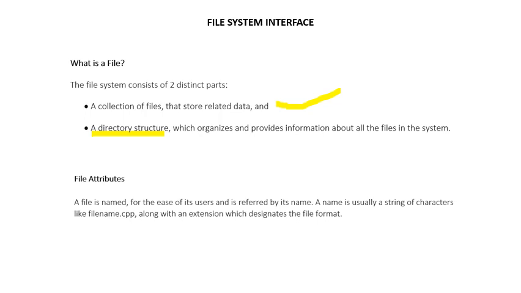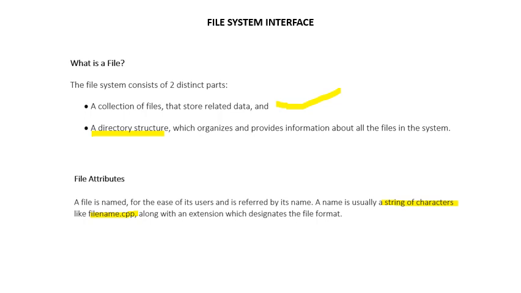The name is usually a string of characters, for example some file name dot extension. If your file is a C file, you will give the extension .c. If it is C++, .cpp, and if it is Java, .java, etc. So the file will be saved along with the extension. This is the file format.